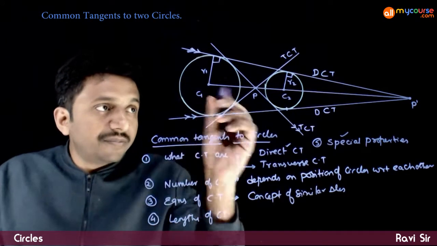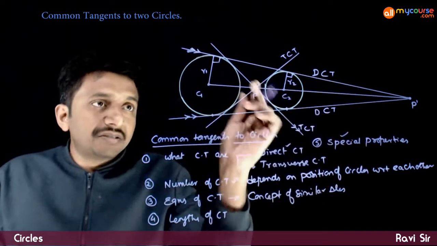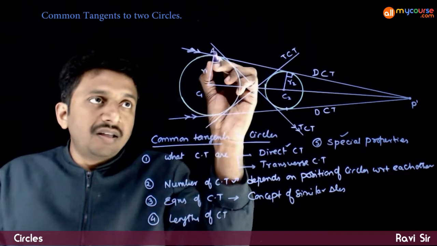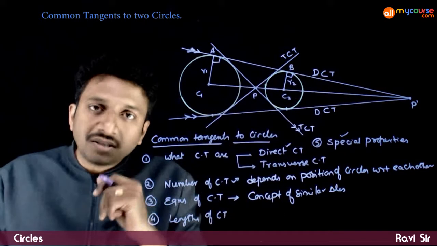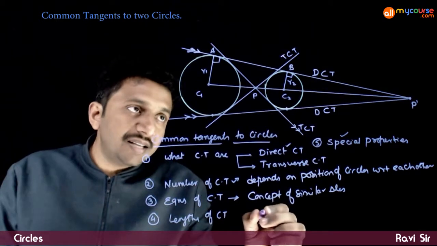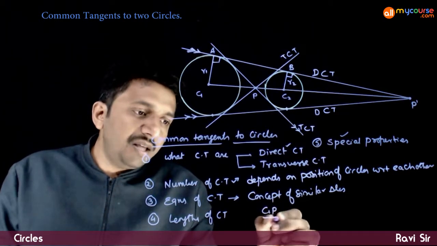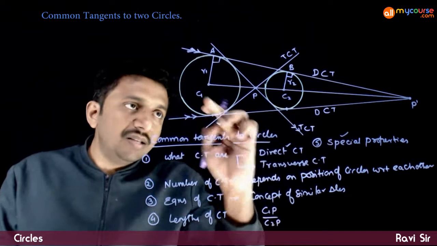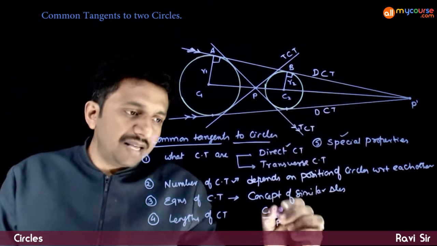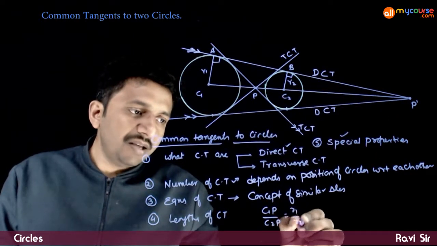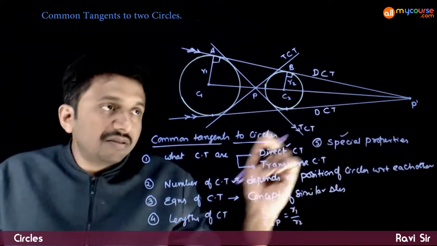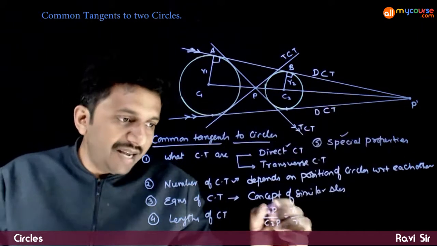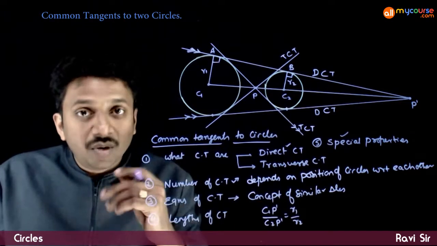So can you see that triangles P'C1A and P'C2B are similar to each other? So can I say that P'C1 by P'C2 is equal to R1 by R2?